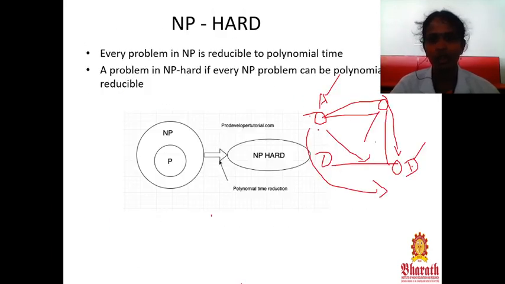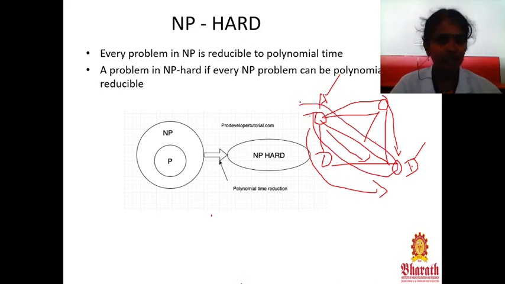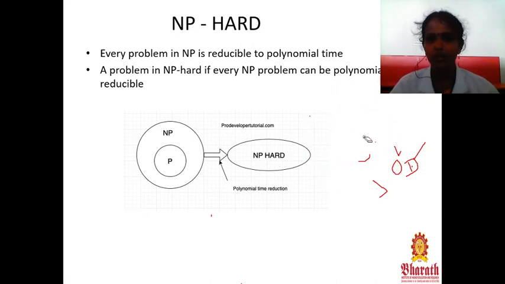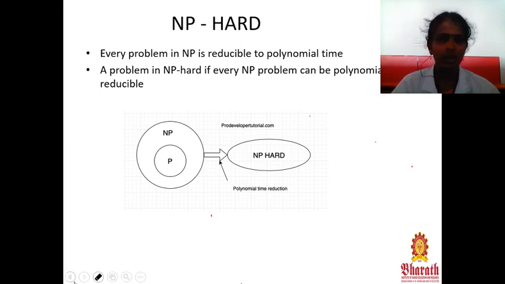If you are not having this node, if you have a connection directly, then this is the optimal solution. The rest have three nodes, here I have only two nodes, so I can say this is the optimal solution. So the shortest path is an example for an optimal solution.